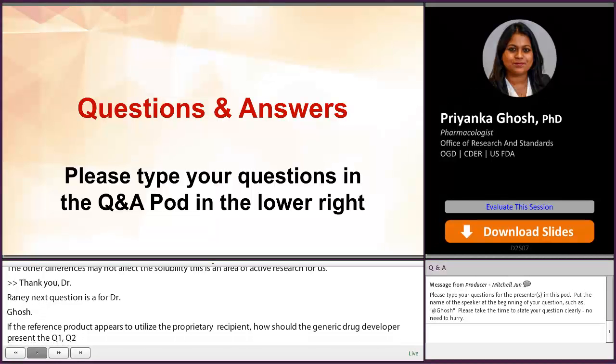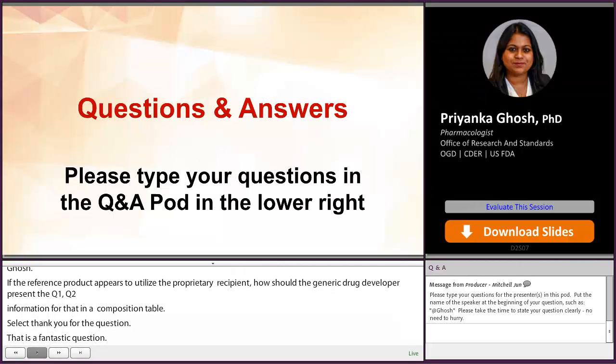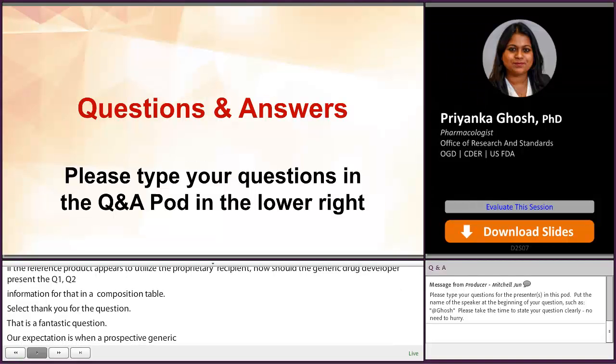Our expectation is that when a prospective generic manufacturer is looking at matching formulations to utilize as part of a characterization-based approach, within the scope of product development the applicant would need to deformulate the reference product and thereby identify not only the type of inactive ingredient in the reference product, but also the amount of each of those inactive ingredients.